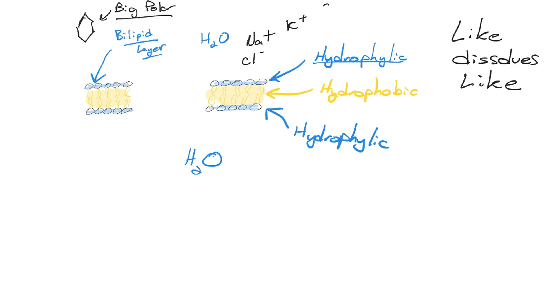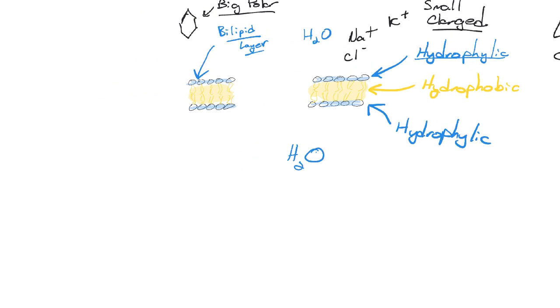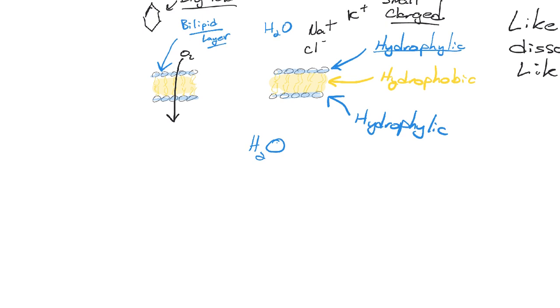And these are small, but they're charged. The only thing that's going to get through this membrane easily are little molecules like oxygen, that can go right between the molecules of phospholipids because they're nonpolar and small.